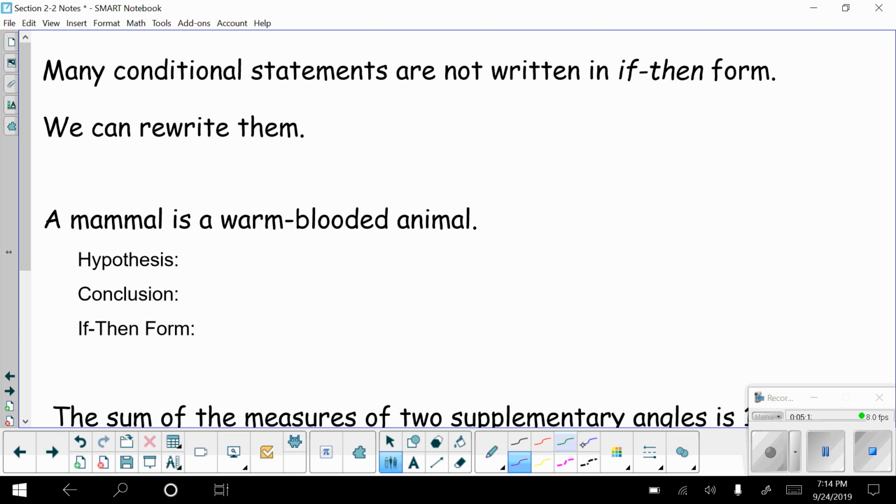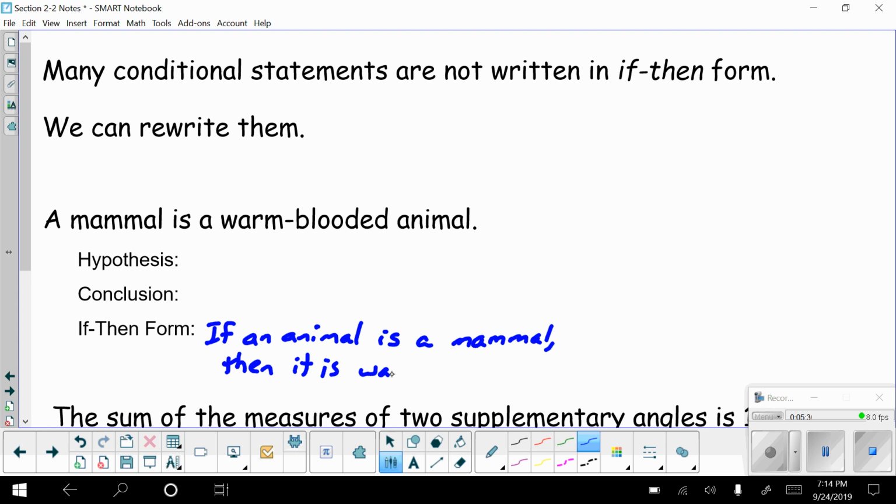I could rewrite it in if-then form as saying, if an animal is a mammal, then it is warm-blooded. Meaning the animal is a mammal would be the hypothesis, and warm-blooded is the conclusion.